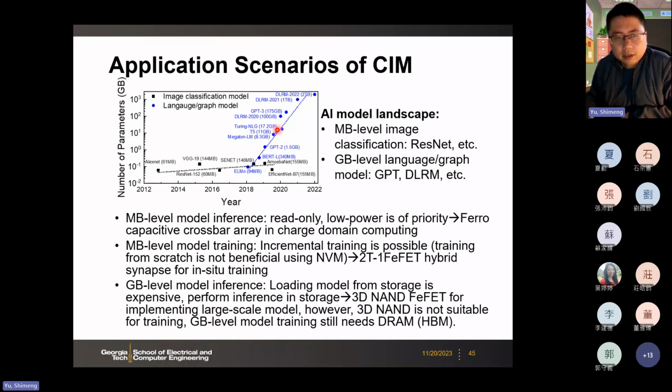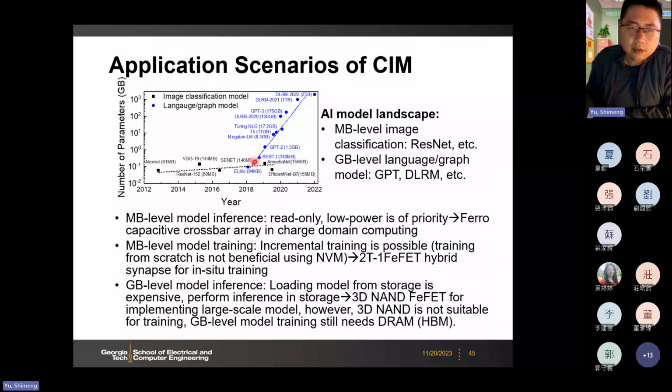So if you look at the AI models today, there are 2 classes. One is the megabyte level for image classification, and the state of the art is like the ResNet. So here it's typically tens of megabytes, even for ImageNet. And then if you look at the other space, which is the gigabyte level for the language model or graph model or the recommendation system, it easily gets up to hundreds of gigabytes for today's GPT-3.